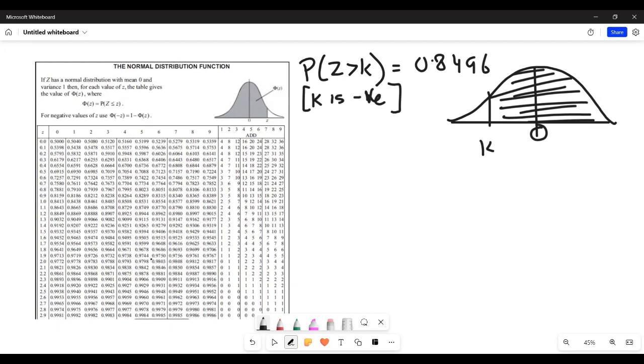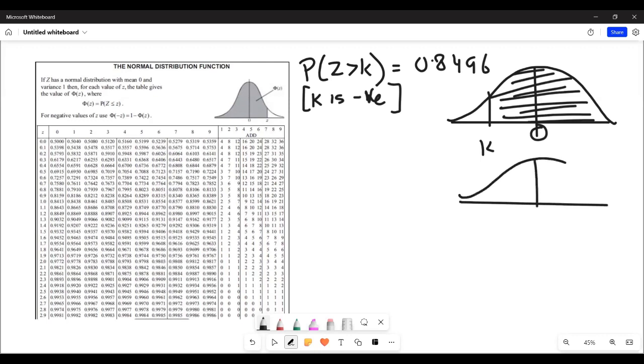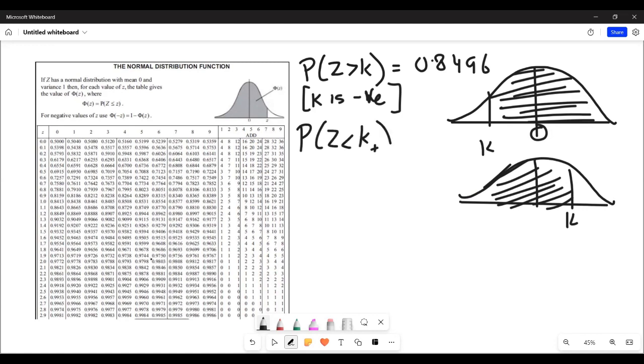So the table cannot be directly read. Instead, we're going to find this K and then later change it into a negative constant. Okay, so probability Z is less than K, now this K is positive, is going to be the same, 0.8496.